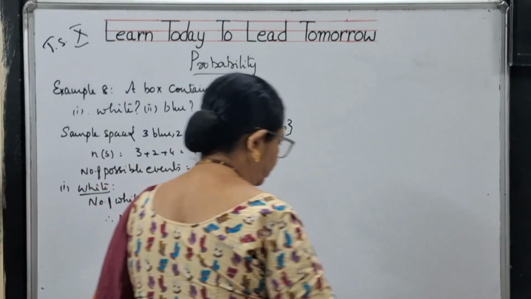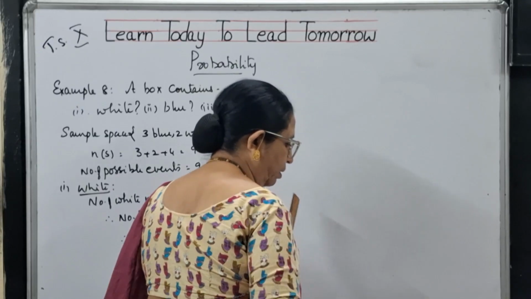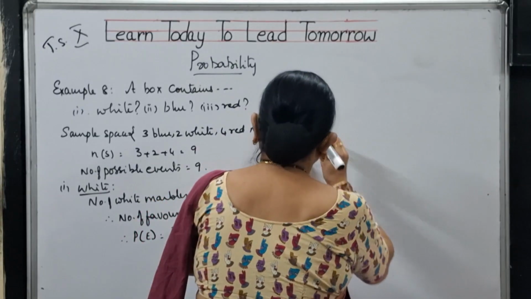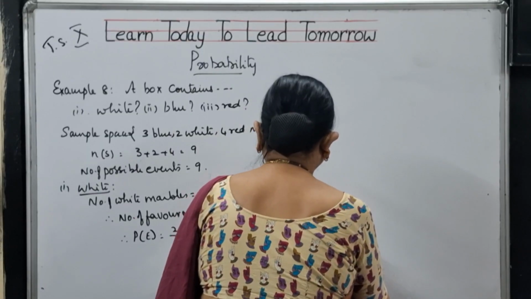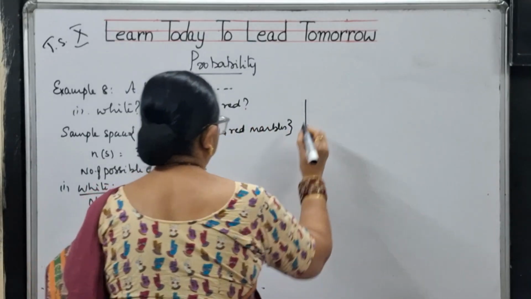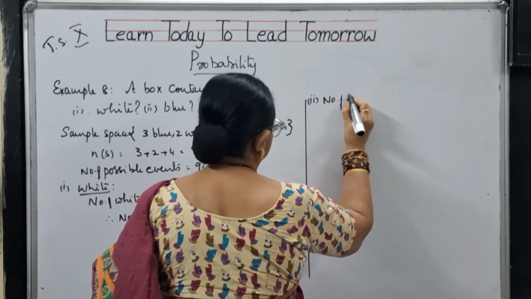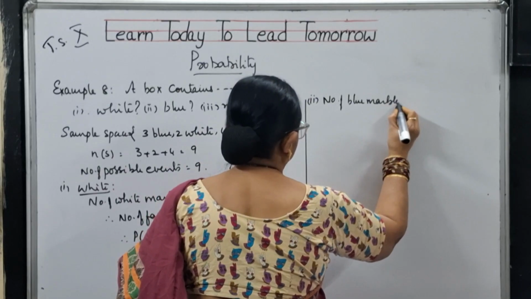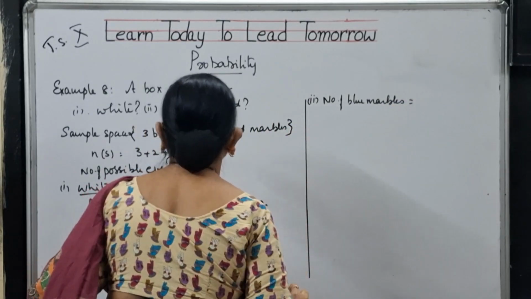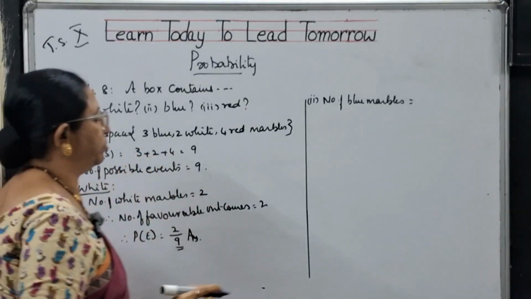Now, let us go to the next part, after white they have asked. Second bit is about blue. Number of blue marbles. How many are there? The number of blue marbles, 3. 3 blue marbles are there.